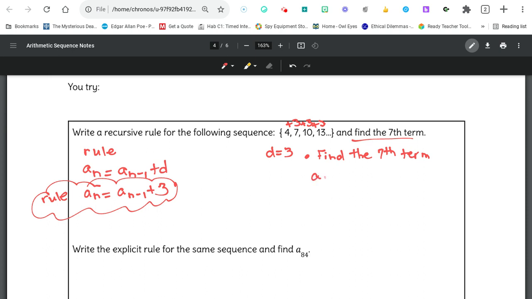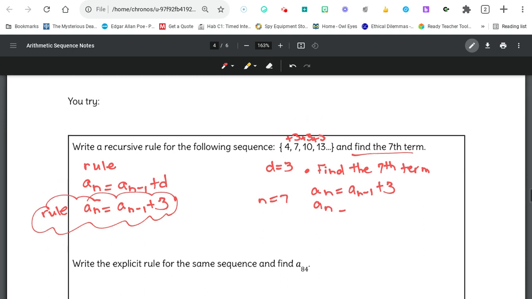So I'm going to take my rule. I'm going to change n to 7. So a sub 7 equals a sub 7 minus 1 plus 3, which means the seventh term is equal to the sixth term plus 3.